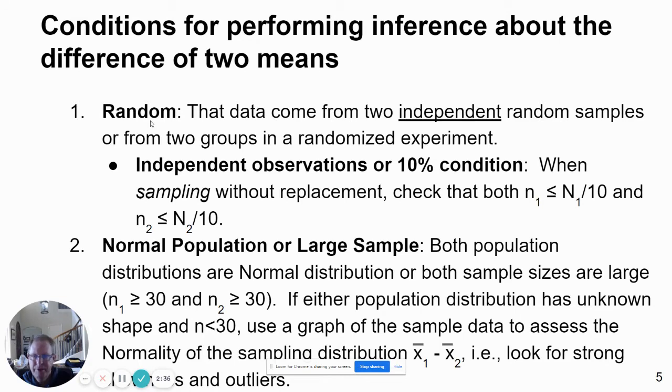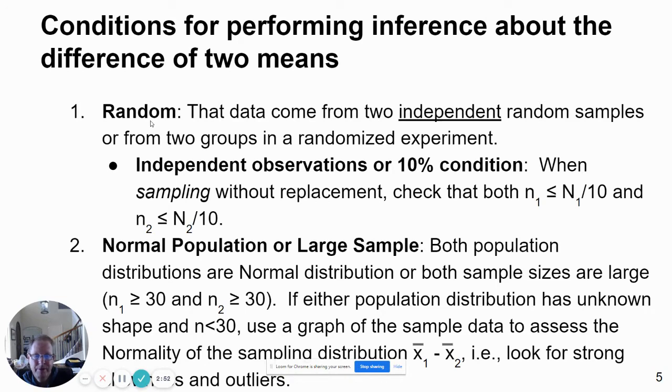And finally, you have to check the normal population or the large sample condition. To satisfy this condition, both population distributions are normal or both sample sizes are large, that is, greater than or equal to 30.